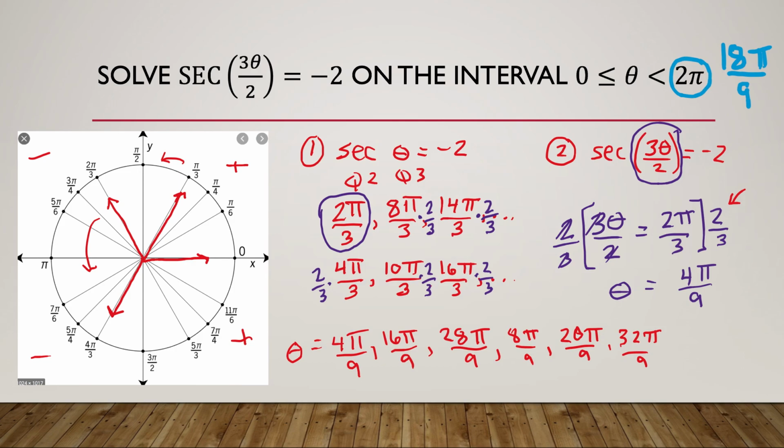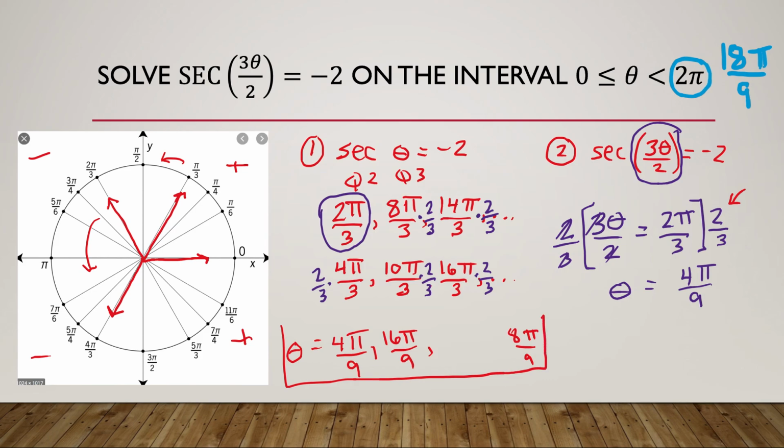So I don't want any answer that is bigger than 18 pi over 9, which means 28 is too big. 20 is too big. And 32 is too big. So the answers that we have for this problem are 4 pi over 9, 16 pi over 9, and 8 pi over 9.